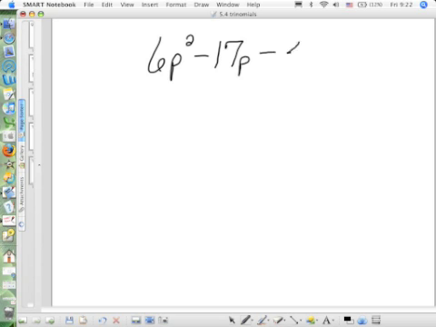Are we concerned with 17 right now? No. What we're concerned with right now is 6 and 45. All right, so let's start with 3p times 2p. What can we use for 45? 9 and 5, all right?